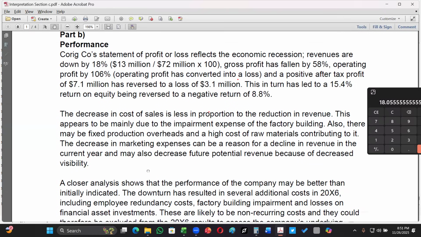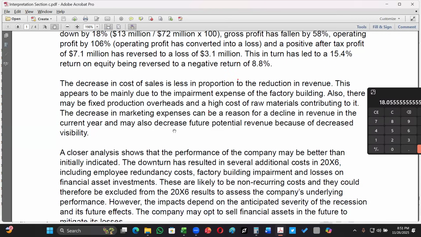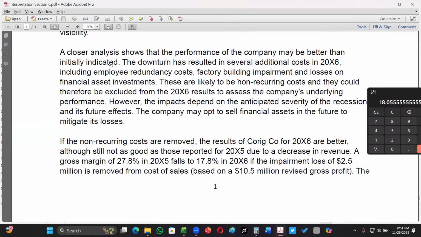So this is also contributing in higher inventory holding period. You're not able to sell all of them. Your receivables are also taking time to pay. Okay, now they're saying that this deeper, closer analysis has shown that the performance of the company may be better than initially indicated.